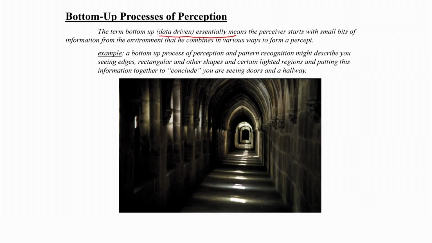For the bottom up process, you would look into this picture, and based on the kind of shading, the kind of light that it has, the kind of architecture, the curves, the kind of bricks that are making this, the diverging lines inside this image, the kind of steps and arches that you see, and the lighting, the pattern, the shading, the color, all these integrate together to give you the idea that this is a hall.